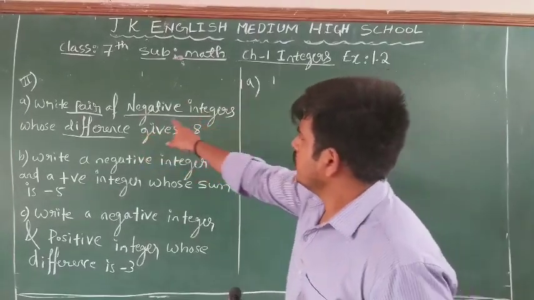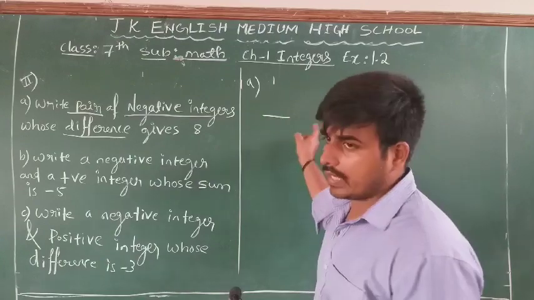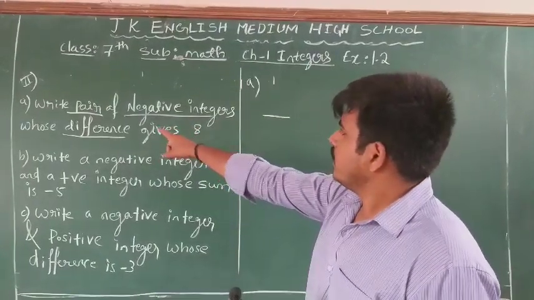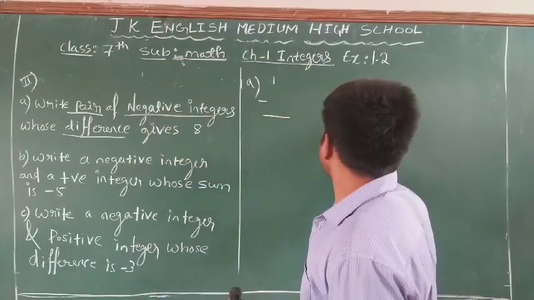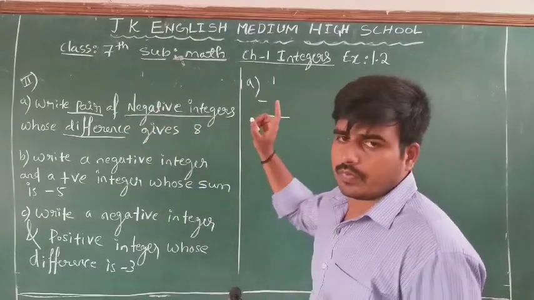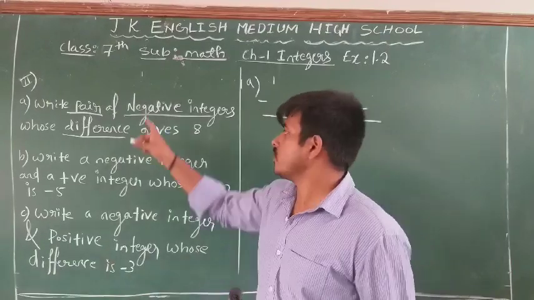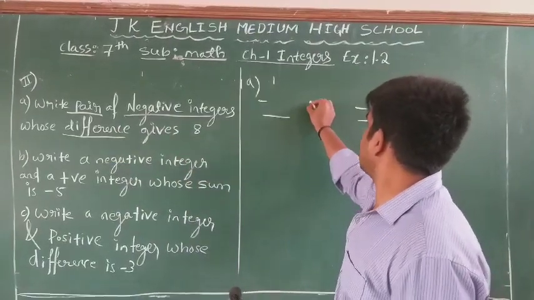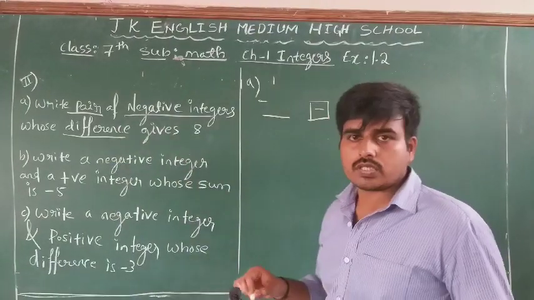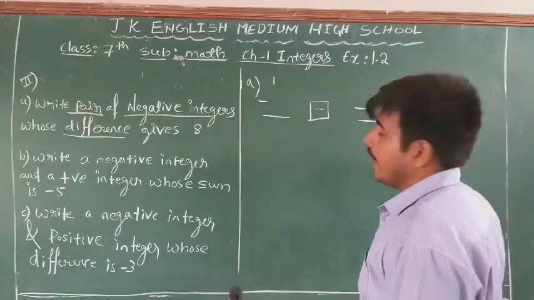First, pair means you have to write two numbers, two blank places. Pair of negative integers means its sign is fixed now. We still need to find that number, but its sign is fixed because they are telling negative integers. Whose difference means the operation is also fixed. Answer gives 8.